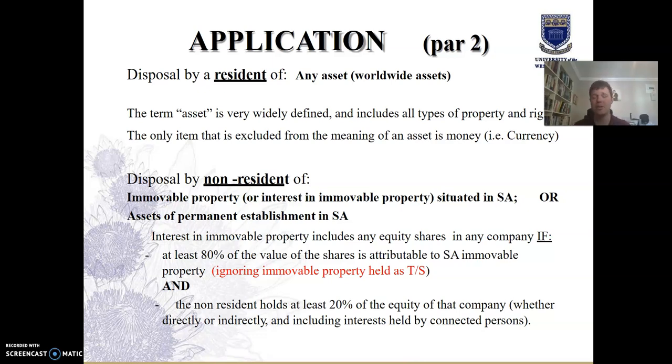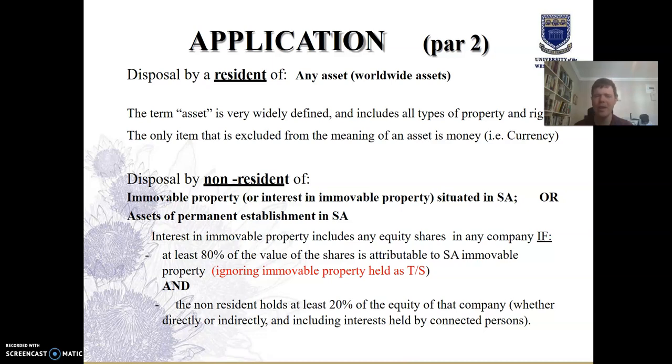Now, assets of a permanent establishment, you don't need to know how to determine whether something is a permanent establishment or not. Basically, it's something that you'll do in higher level tax, but things which are permanent establishments in South Africa will be taxed if they are disposed here, even if they're owned by a non-resident. I will tell you in a scenario, this is or is not an asset of a permanent establishment.